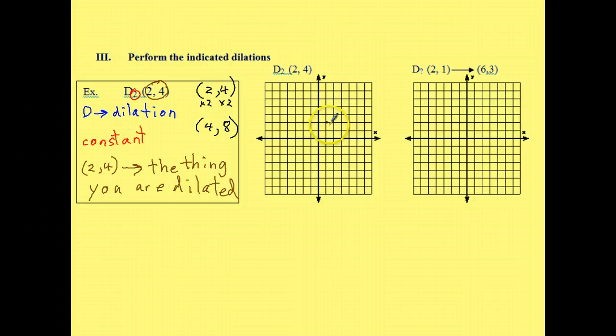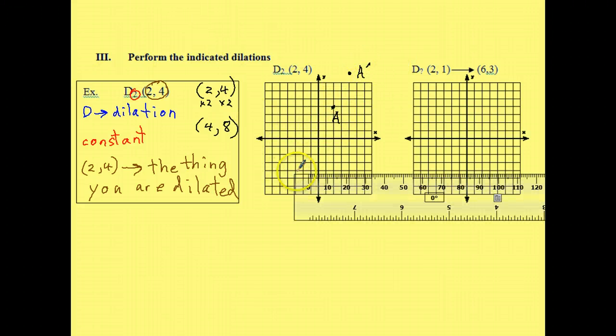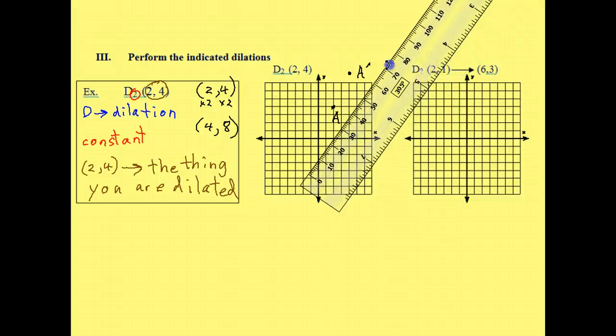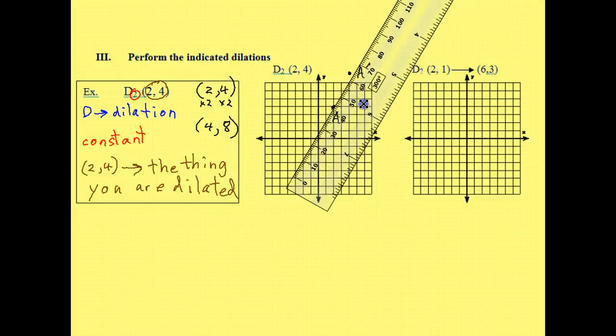All right, well, let's graph 2, 4. 2, 4 is, we'll call it A. And then 4 comma 2, 4, 6, 8. 4, 8 is a dilation that produces an image of A. So it is interesting because a dilation grows from the origin.